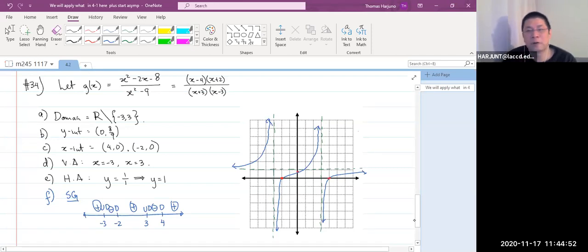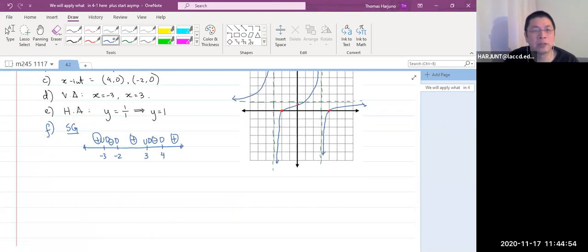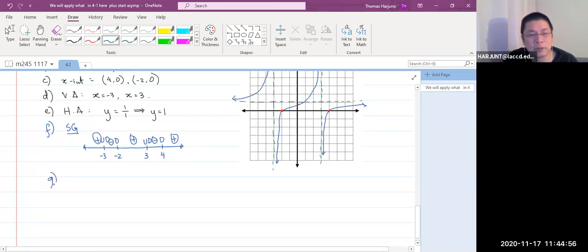Okay, further analysis, part G. The graph above or below the horizontal asymptote. So I need to see the sine graph of the rational function, which is, what's that again?